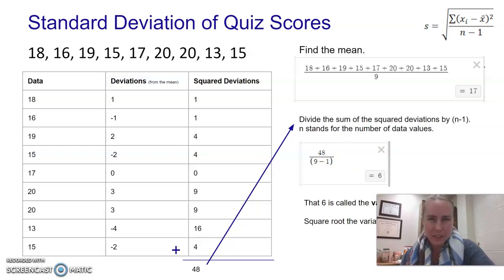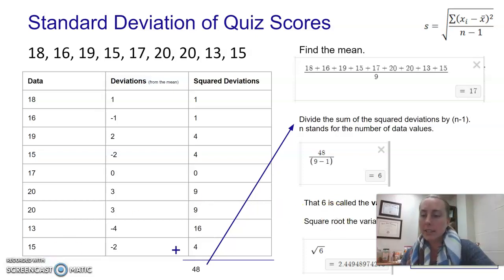But points squared doesn't really help us think about quiz scores, so square rooting that variance gives us the standard deviation. We're going to square root 6, and we're going to get 2.4948974278. If we round that, we would say about 2.4 or maybe 2.45.